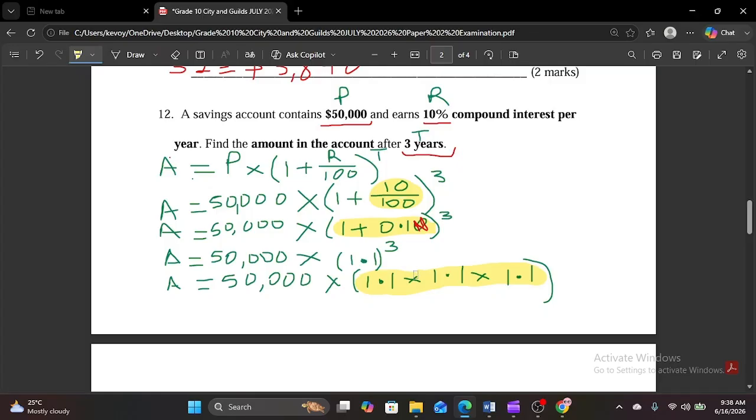All right. So 1.1 raised to the third power, you're going to get this as your answer.